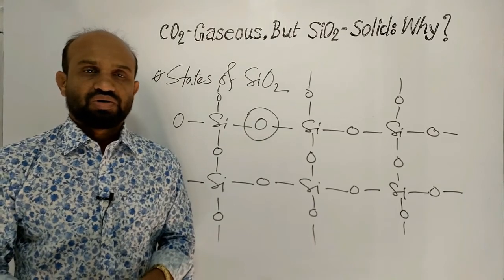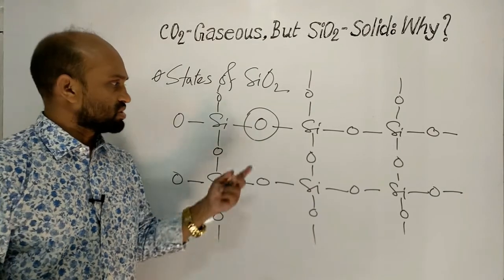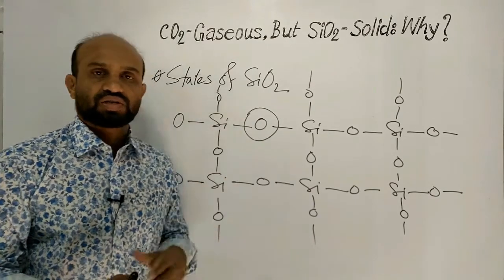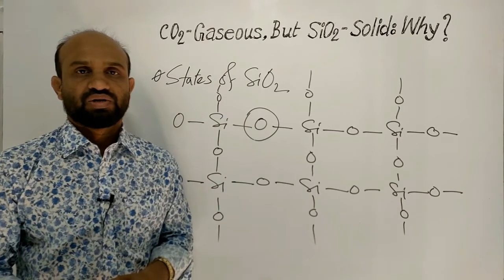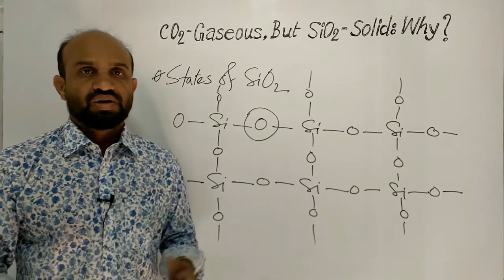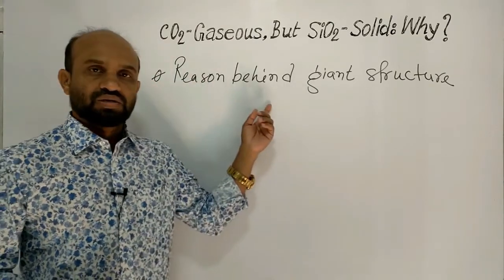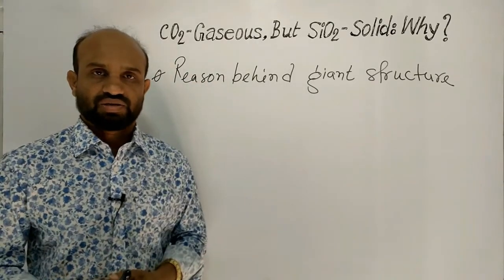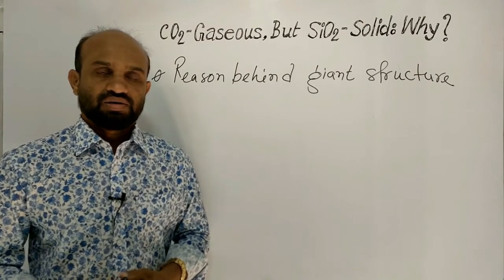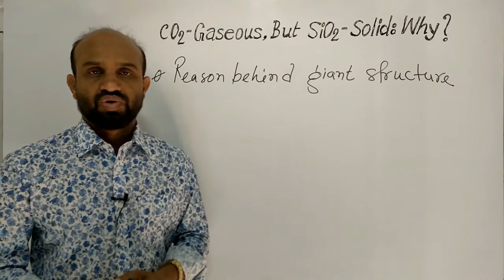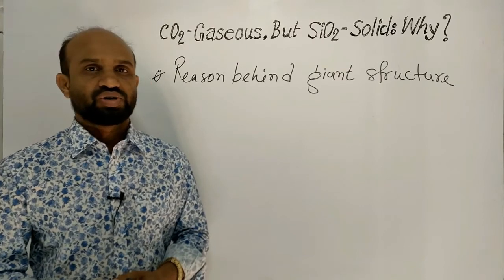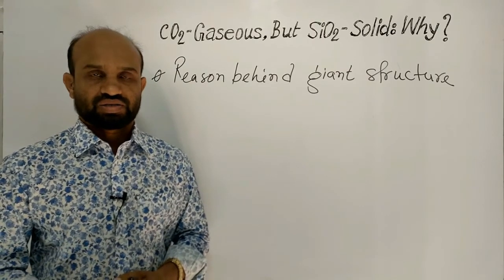Now we should know the reason behind not forming a stable pi bond between silicon and oxygen. The point is the reason behind the giant structure: no stable pi bond between silicon and oxygen.